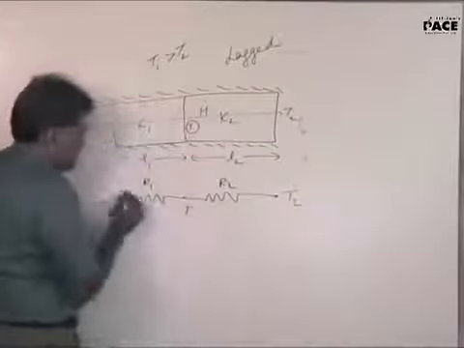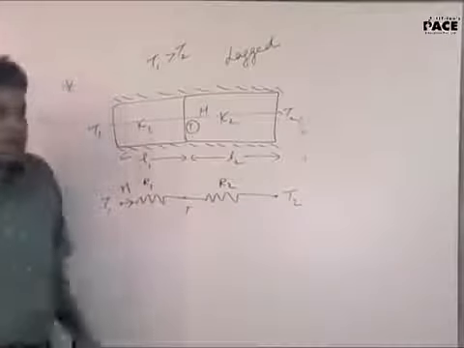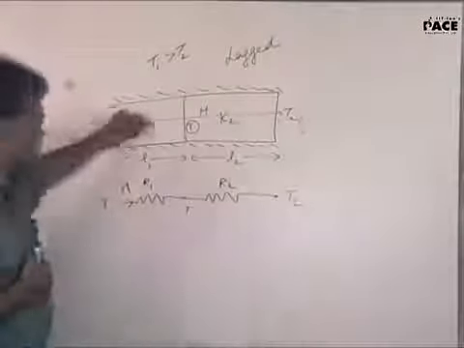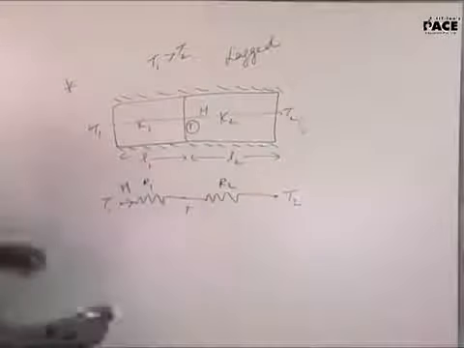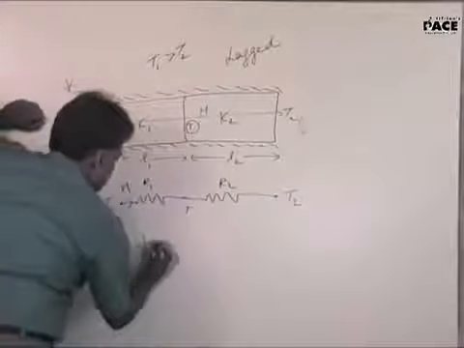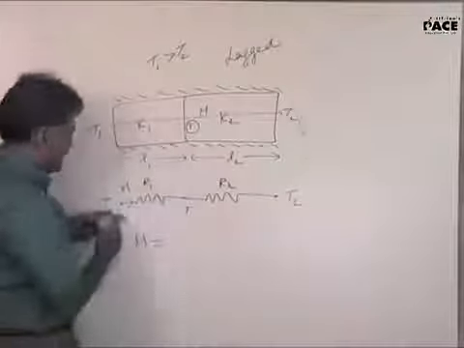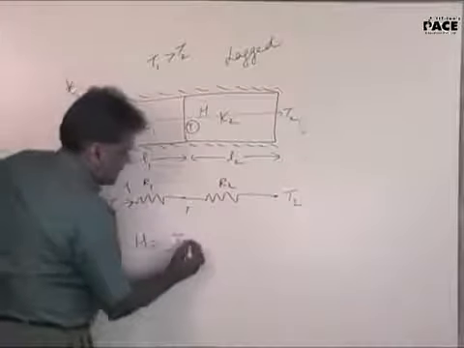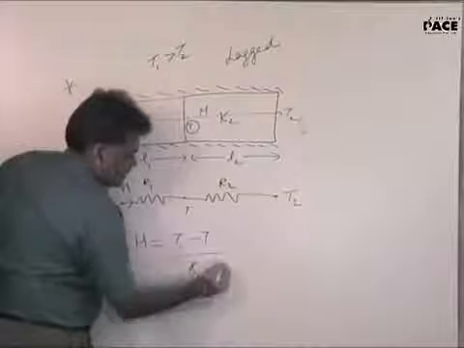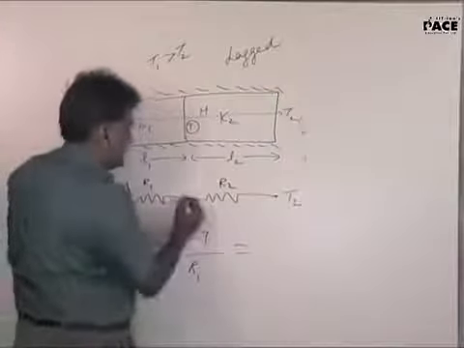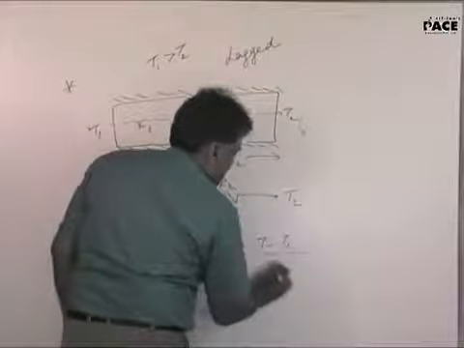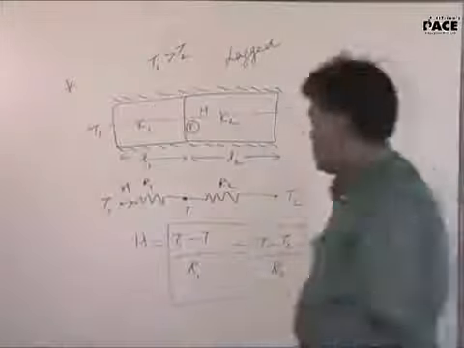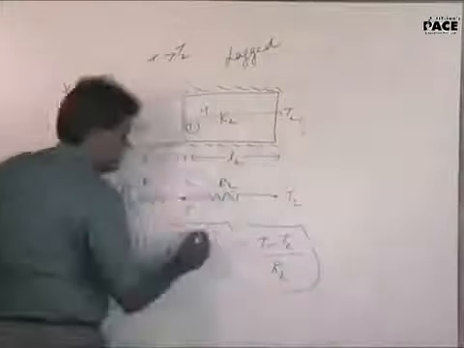Now you know the heat current which is going is H. I have drawn an electrical equivalent of that circuit. So the heat current which passes through the first one we can write like this: temperature difference T1 minus T upon R1. The second one I can write T minus T2 upon R2. So we have to solve for T.